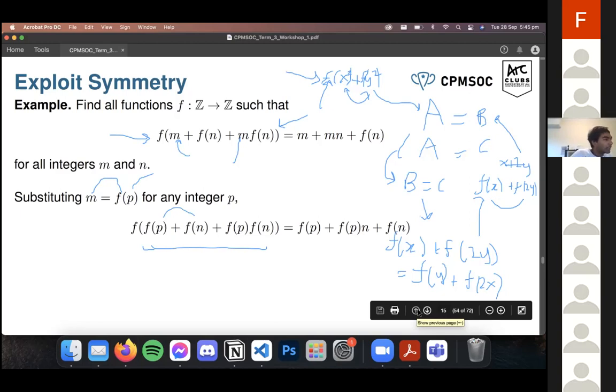However, the right-hand side, if you put f of p here, you can still see f of p plus f of pn plus f of n. This is still asymmetric. And the reason is the f of p times n gets converted into f of n times p, and so you get a different expression involving the functions and the variables.